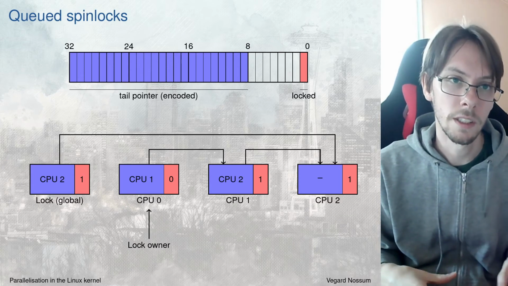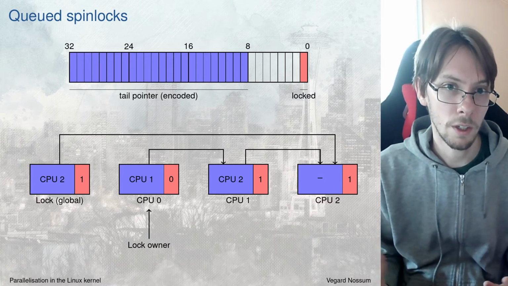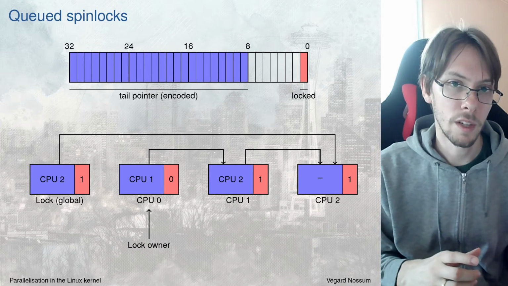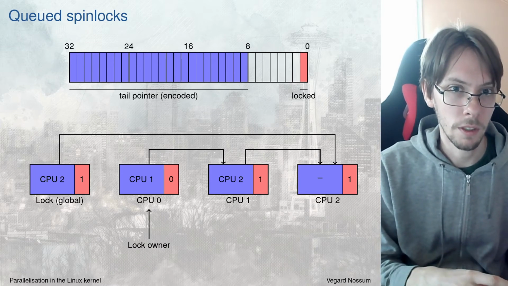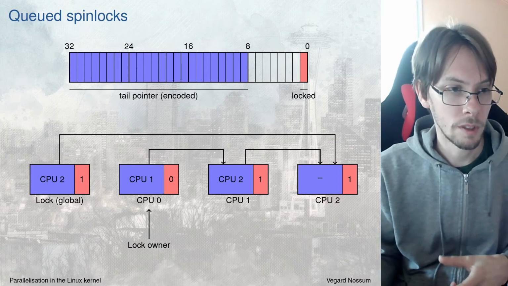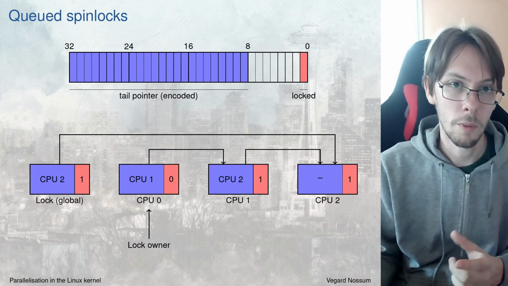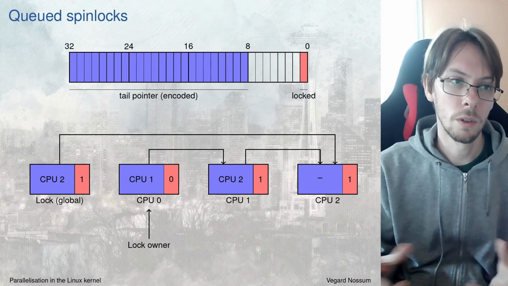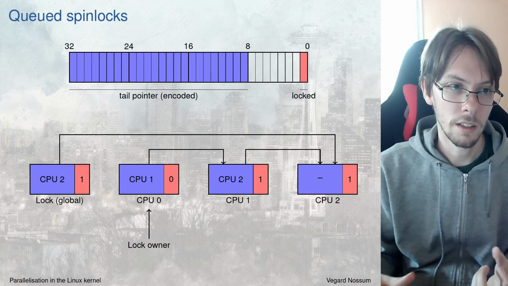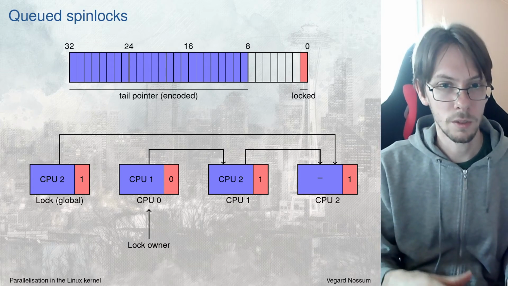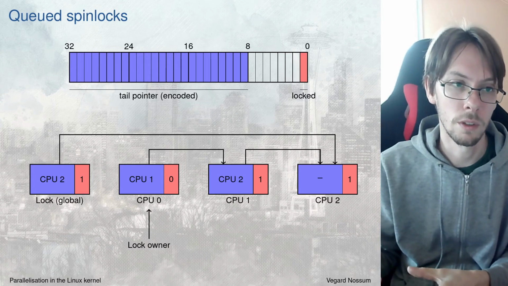So you can imagine that every time a new CPU wants to take the lock, it swaps out the value of the global variable with a pointer to its own per-CPU value. And then since they did an atomic swap, they also get the old tail pointer for that list. And they can now update that tail to point to their own local value.